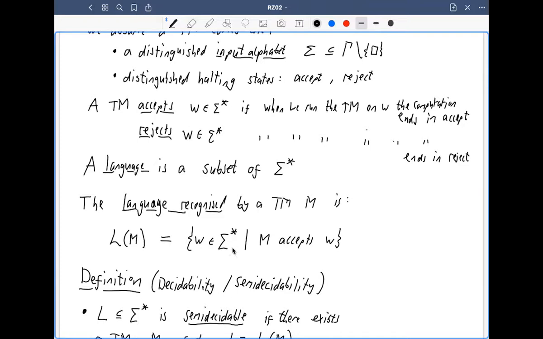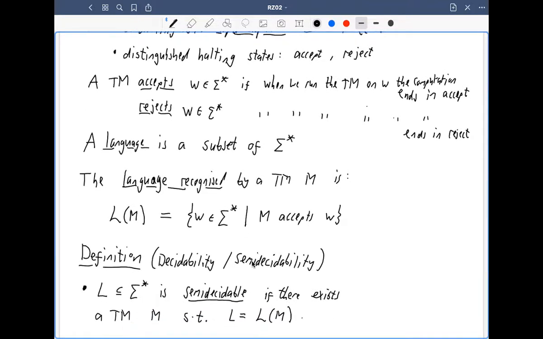If we give it a word that's not in the language, then it will halt in some other state. And for good measure, we might as well require it to halt in the reject state. If it halted in some state different from the reject state, we could always add some more instructions to the machine to put it into the reject state anyway. So we can always get it to halt in either the accept state or the reject state.